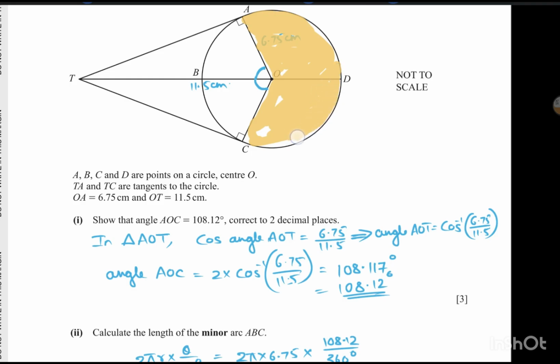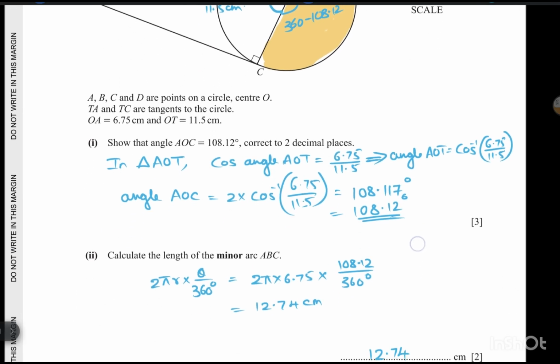Now finding the area of the sector, again we use the formula pi r square into theta by 360. So what is theta here? The remaining part, which is 360 minus 108.12. This will be the angle.